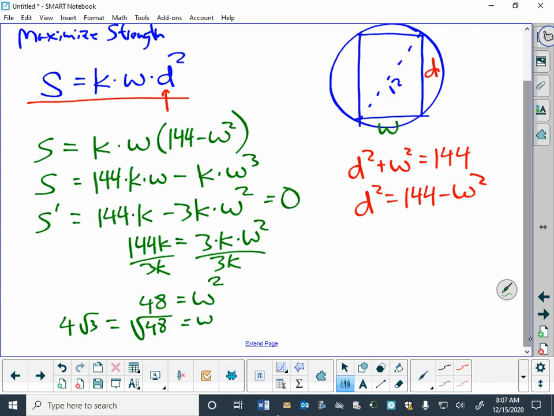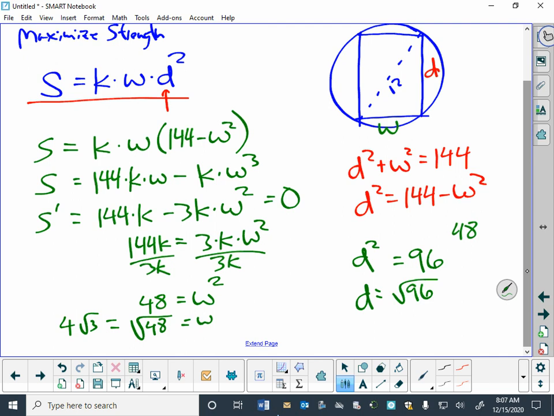It wants to know what dimensions to cut out of that. So my w squared, I just figured out, was 48. So 144 minus 48 says my d squared is going to be 96. So d will be the square root of 96, technically plus or minus, but the negative doesn't make any sense in this problem.